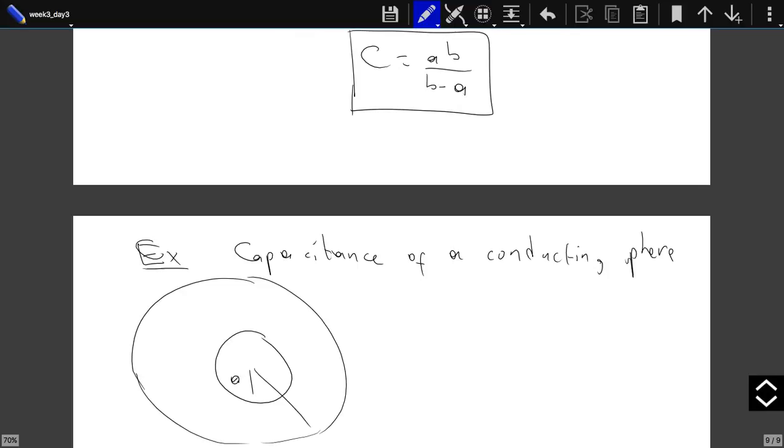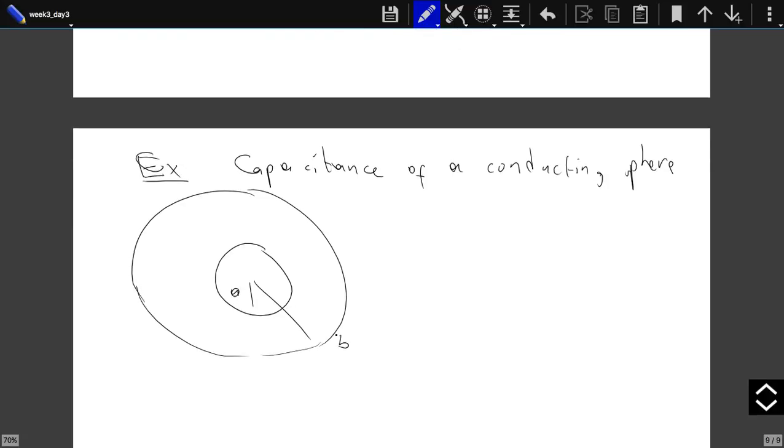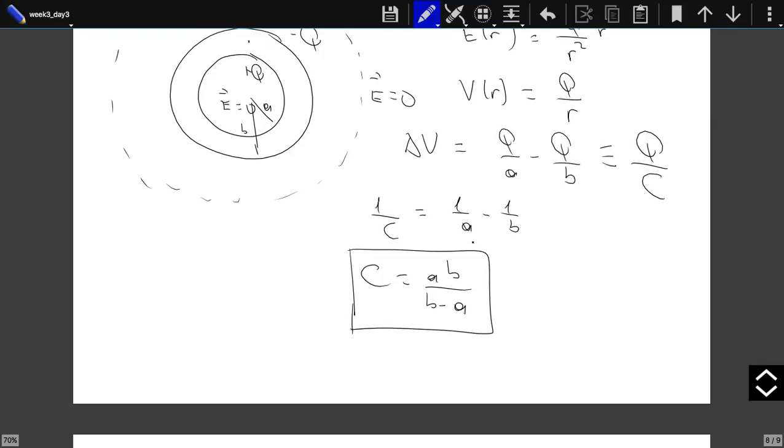The inner one is A, the outer one is B. Sorry, did I make a mistake over here? A is the smaller one. About the sign of the potential, I'm not paying attention to it because by definition capacitance is defined to be a positive number. So that's why I am ignoring the signs. So delta V should be positive by definition of the capacitance. So 1 over C is 1 over A minus 1 over B, which is positive. Yes.